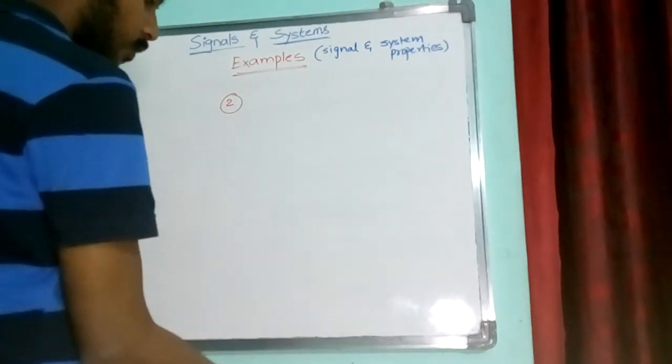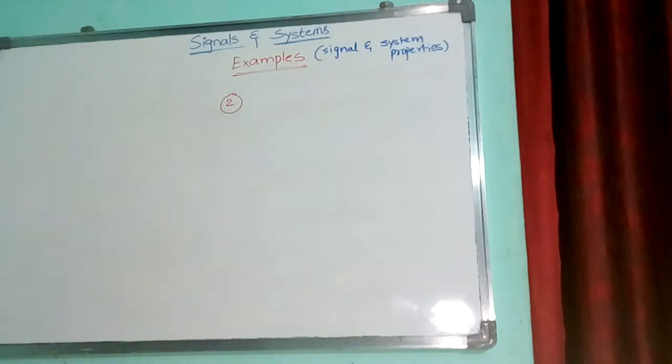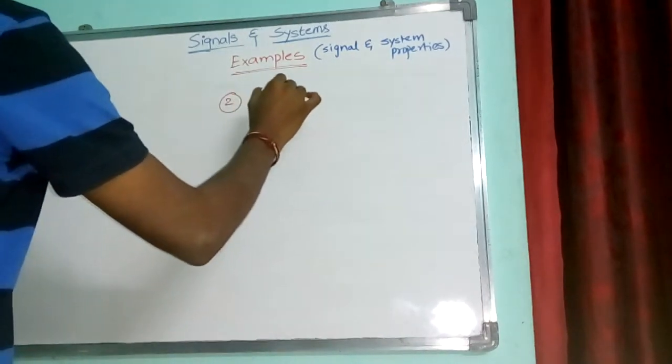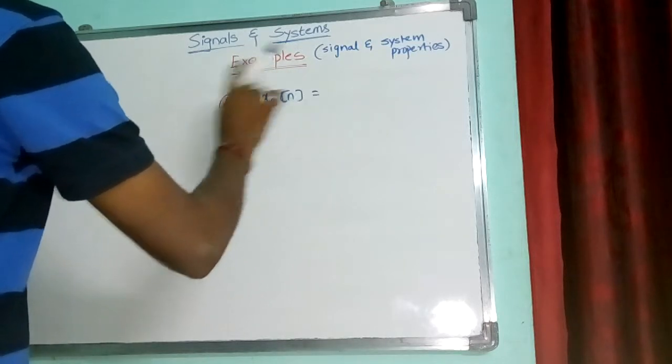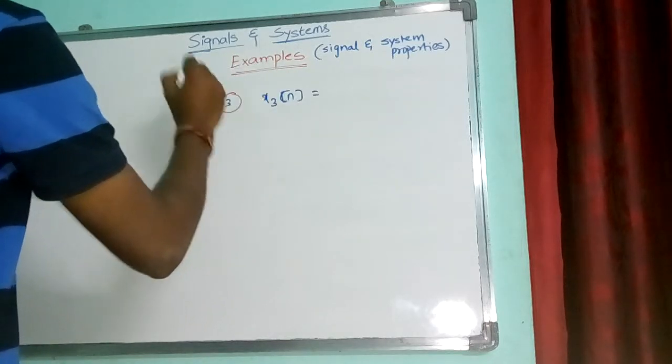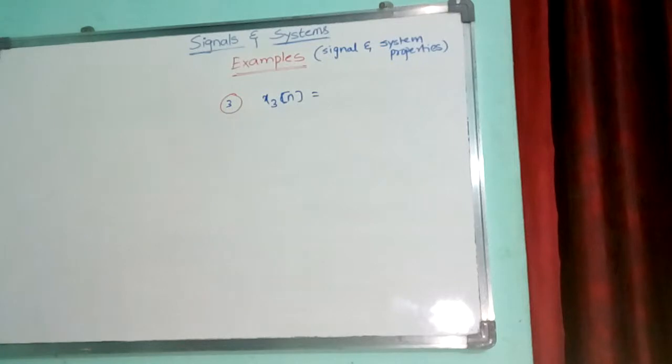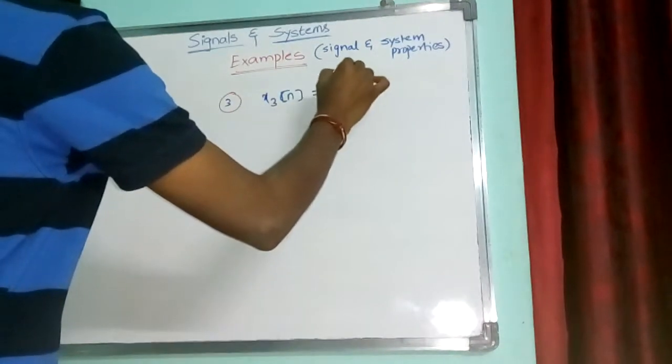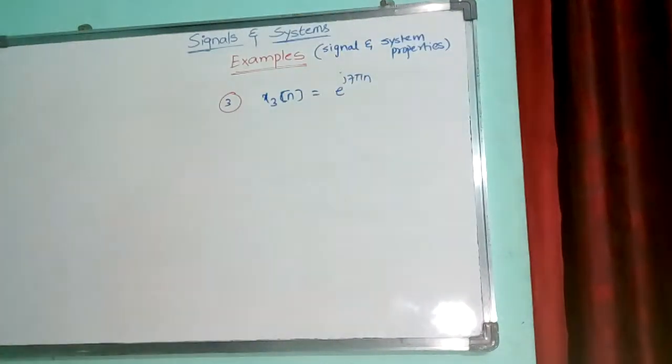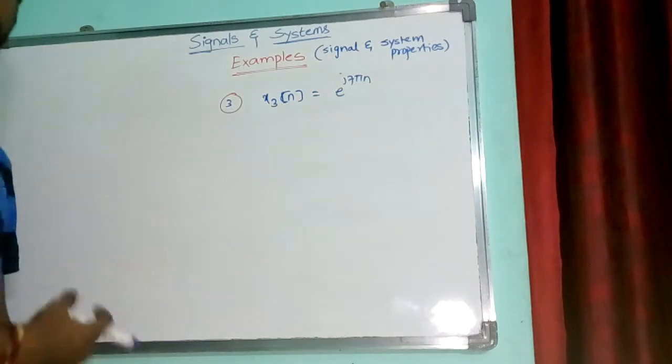Next, I will consider one discrete time signal. x3 of n is e power j 7 pi n. Here it is a discrete time signal.